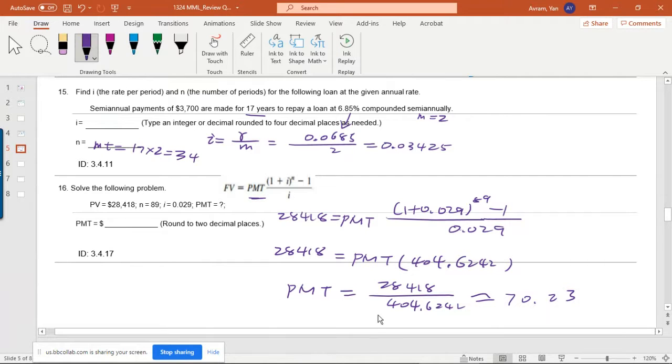Hold on, something's not quite right. Okay, let's double check in here. 28418, and then this is 1 plus i to the n, minus 1, divided by i.